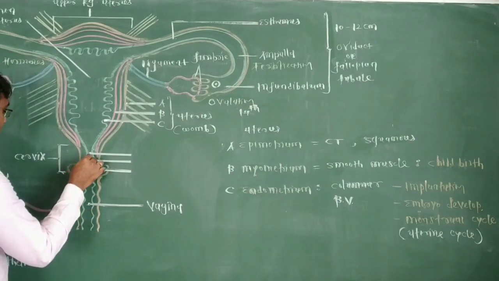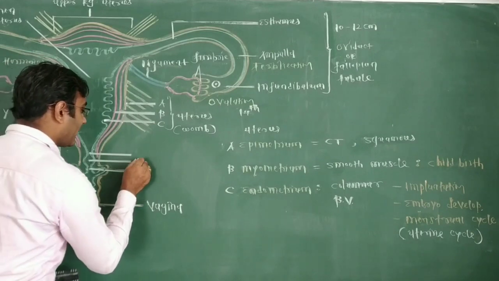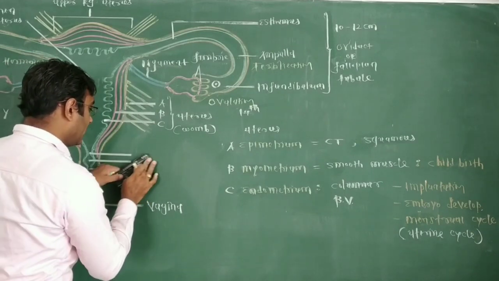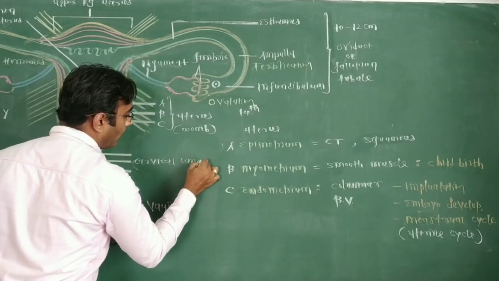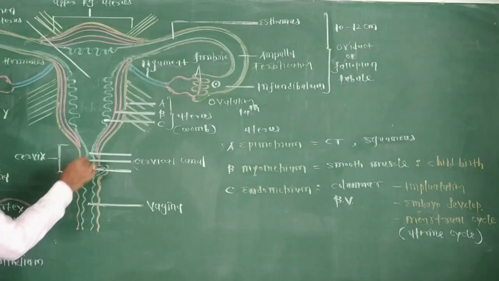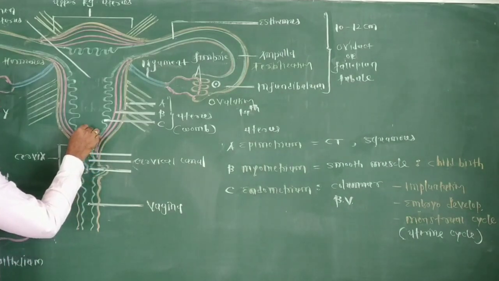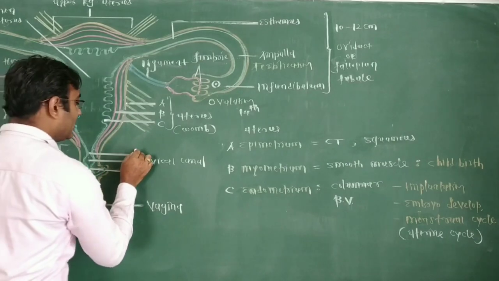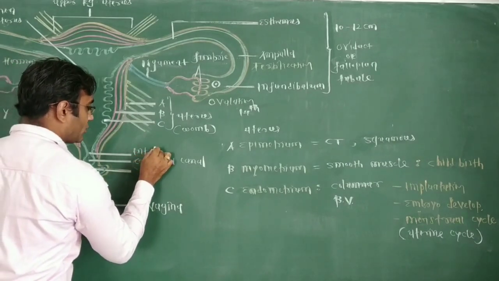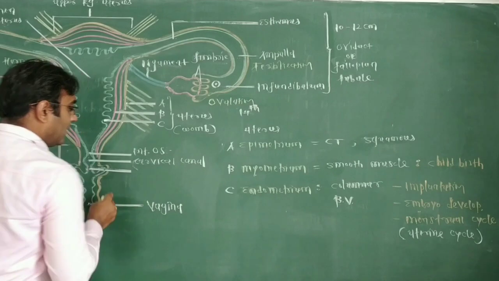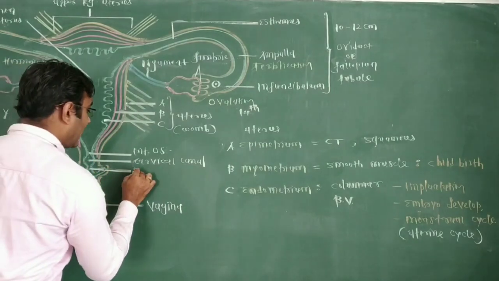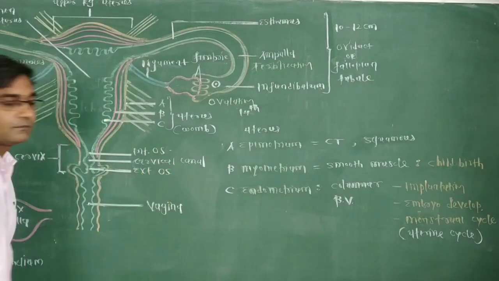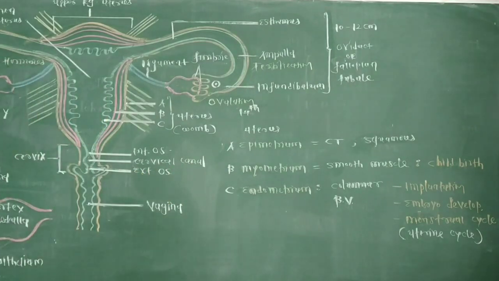The cavity of the cervix is the cervical canal. This cervical canal communicates with the uterus through a small opening, the internal os, and with the vagina through a small opening, the external os. So the internal os, external os, and cervical canal form the cervix.